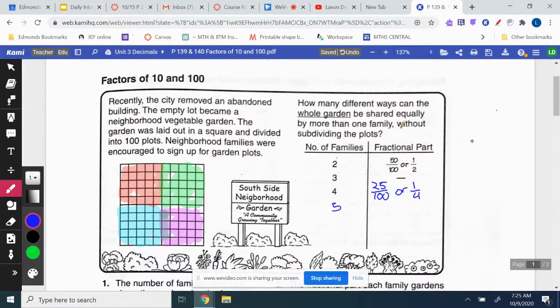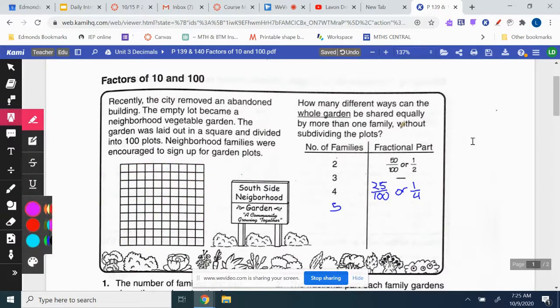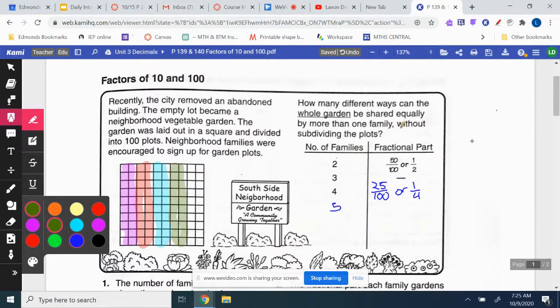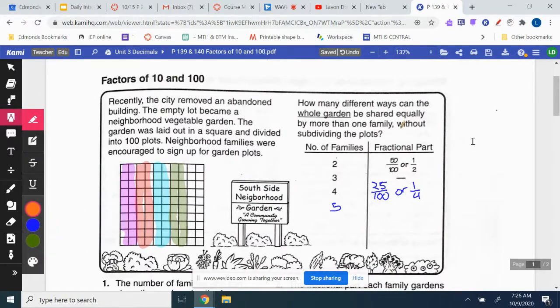So let's take a look at 5. Let's erase this and see what happens when we try 5. So each person here is 1, 2, 3, 4, and 5.